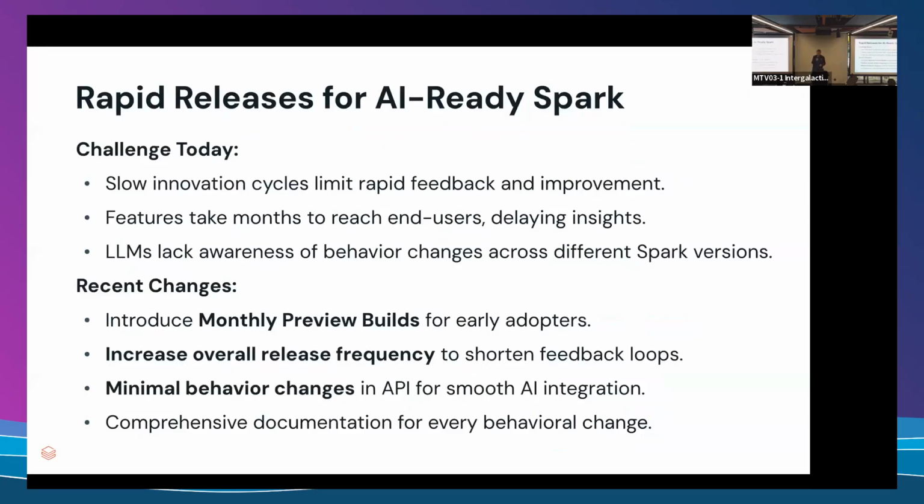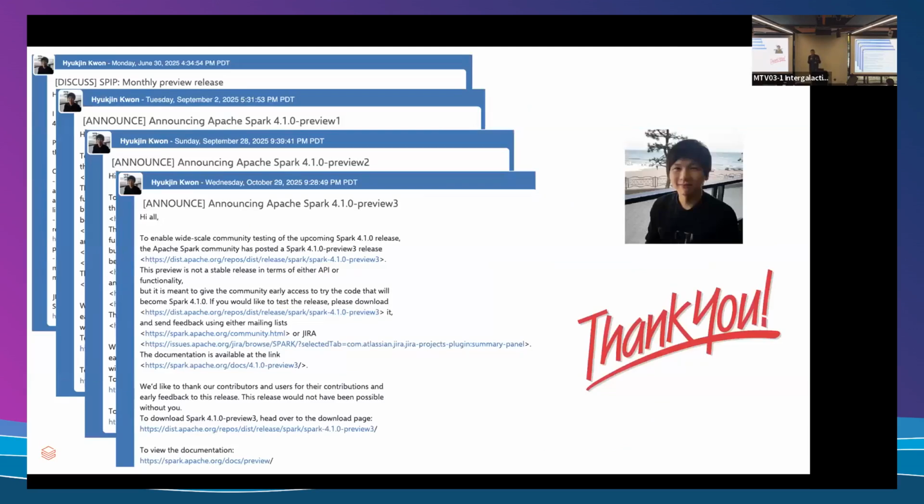This year, we started providing a monthly preview build to increase the overall release cadence, to minimize behavior change and also provide better documentation for all the behavior changes. Thank you, Hyojin. He helped the community build the infra and also release 3 previews for 4.1. That is very important to collect feedback and improve the quality.